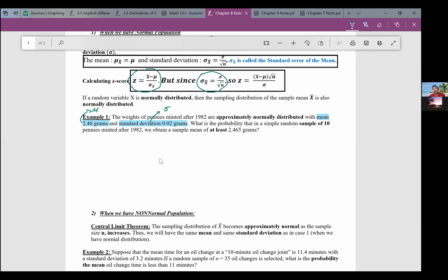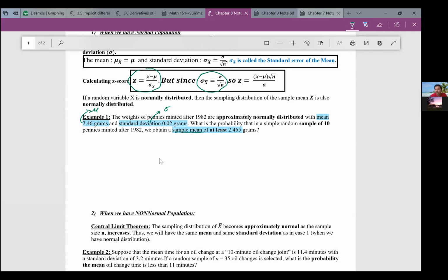I'm going to randomly collect 10 pennies and find the mean, and what is my chance that the mean I found will be at least 2.465, a bit higher than the original mean that's provided? So we obtain a sample mean of at least 2.465.